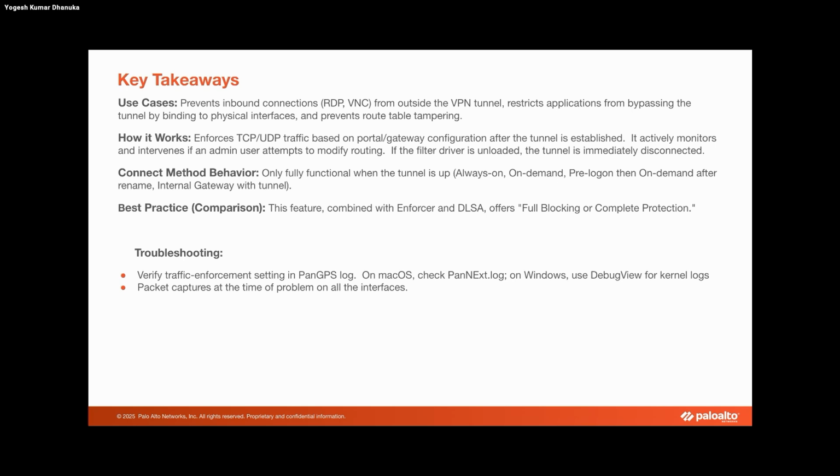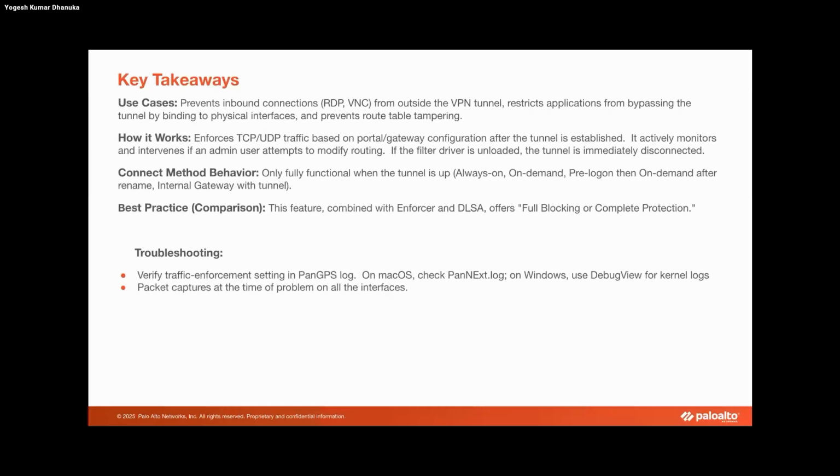In terms of troubleshooting, you can always use the PanNext logs, in dump mode. Reproduce with the IP addresses if possible, because there'll be a ton of logs within, let's say, a 2 to 3 minute time frame.